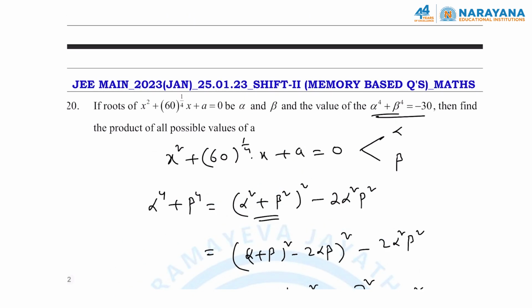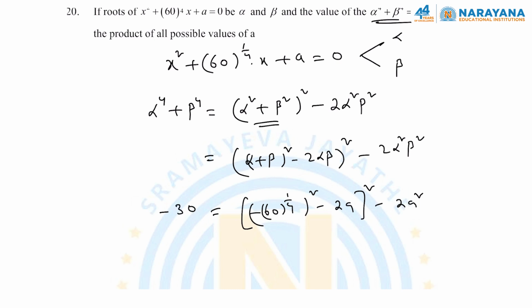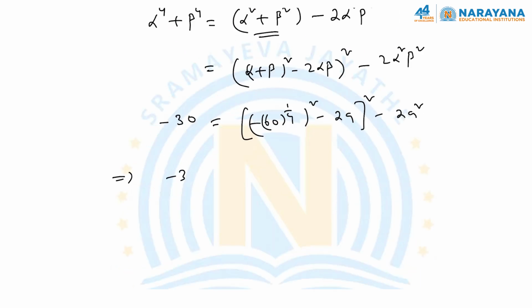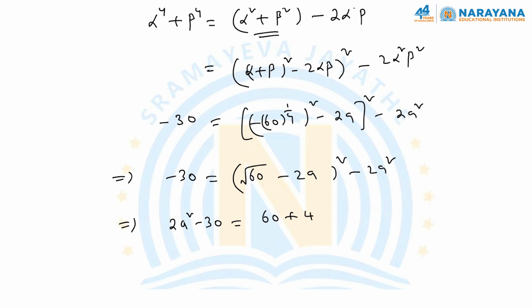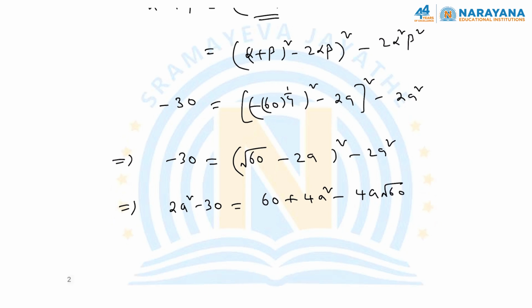He has given alpha power 4 plus beta power 4 as minus 30. So this implies minus 30 is equal to this: minus 60 power 1 by 4 whole square will be 60 power 1 by 2, that is root 60, minus 2a whole square, minus 2a square. So this implies 2a square minus 30 equals 60 plus 4a square minus 4a into root 60.